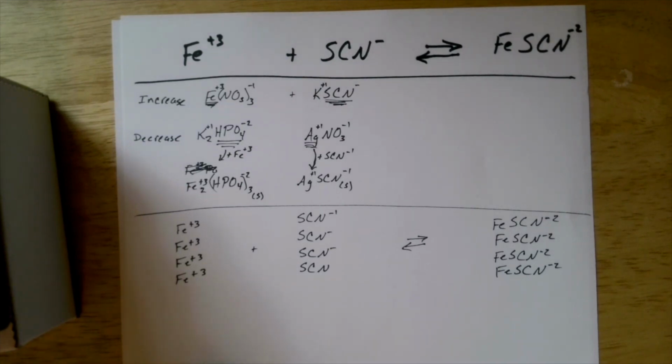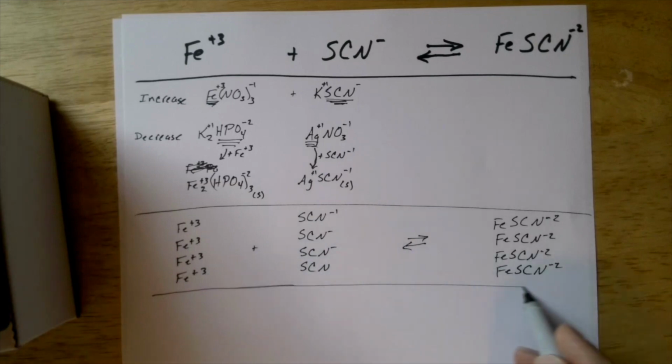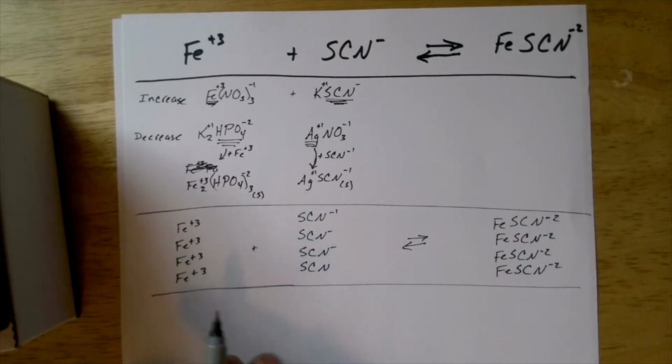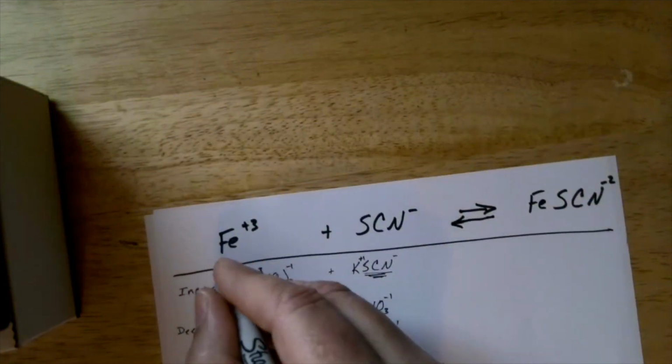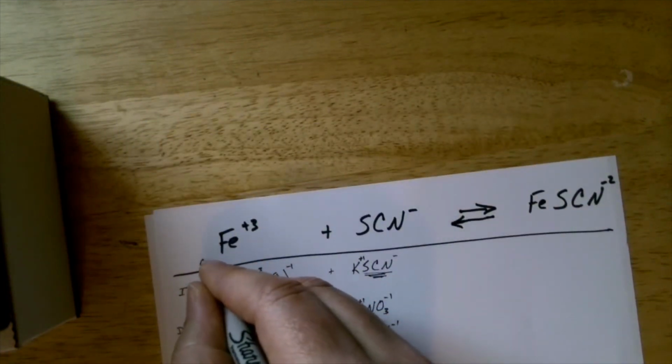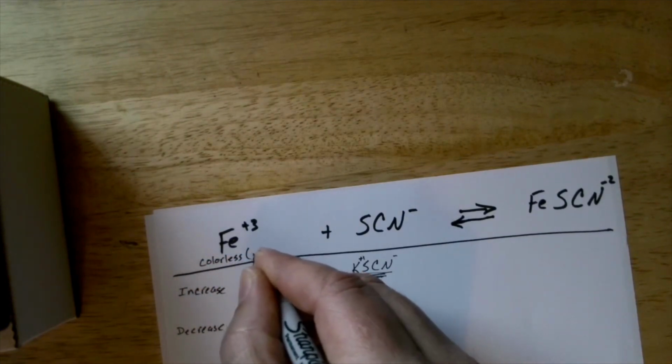All right, one other thing it's also important to realize is the colors that are being produced here. So what's nice about this reaction is that there is a very visual means of telling what is going on. And so a few things regarding this particular reaction here is that the iron up here is basically colorless, but technically it's a slight yellow color.